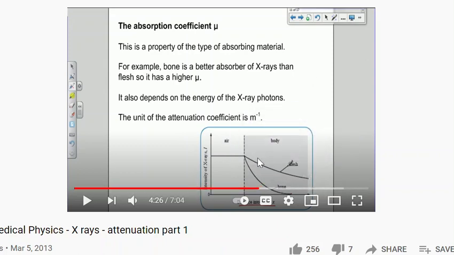So the thicker the body tissue, the more X-rays that you're going to absorb. Now notice though that it's not linear, so it doesn't just go straight down. It kind of evens out a little bit. And the reason for that is the same reason that filtration hardens the X-ray beam.